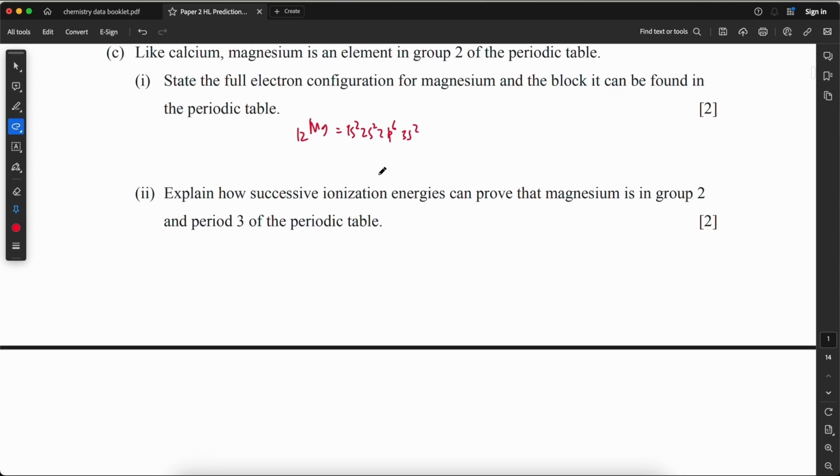Explain how successive ionization energies can prove that magnesium is in group 2 and period 3 of the periodic table.